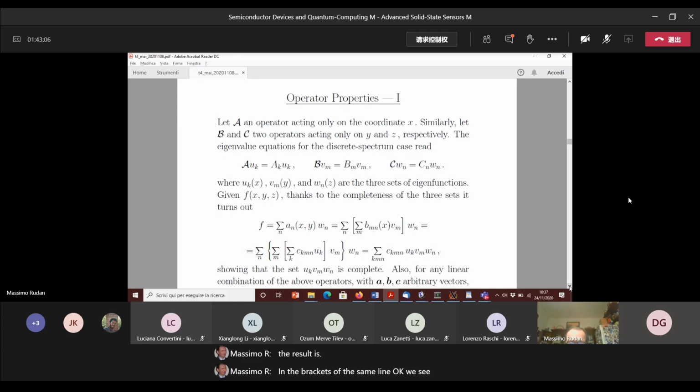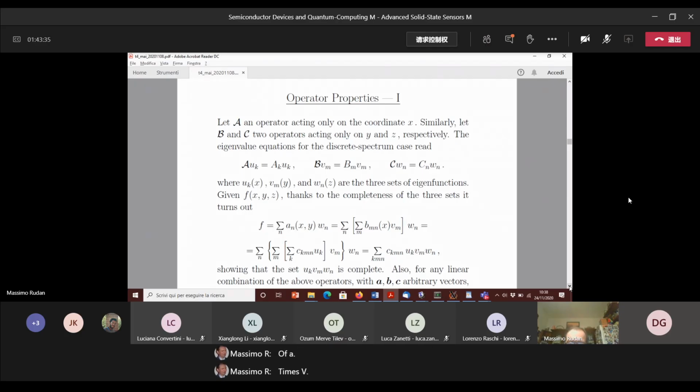We see that a_n can be expanded as a sum over an index m of some coefficients b times v_m. But these coefficients are obtained by considering the scalar products of a times v.